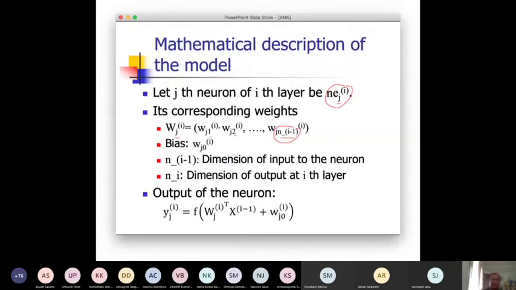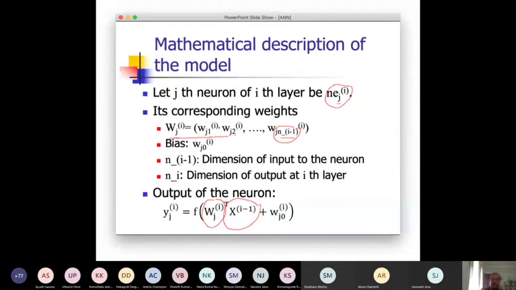It is a matrix notation, and the definition here is that this is the corresponding input feature vector from the (i-1)th layer to the ith layer, and this is the matrix where each row denotes the corresponding weight vector.